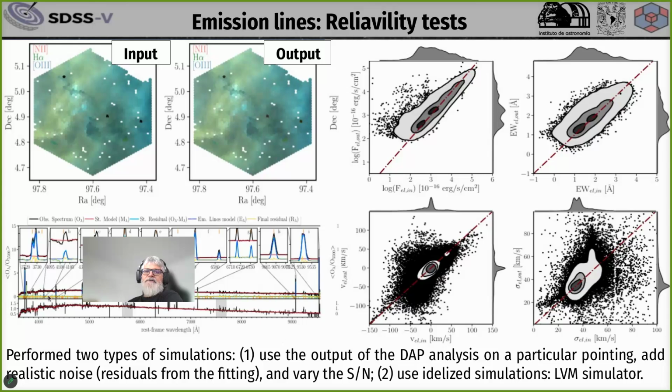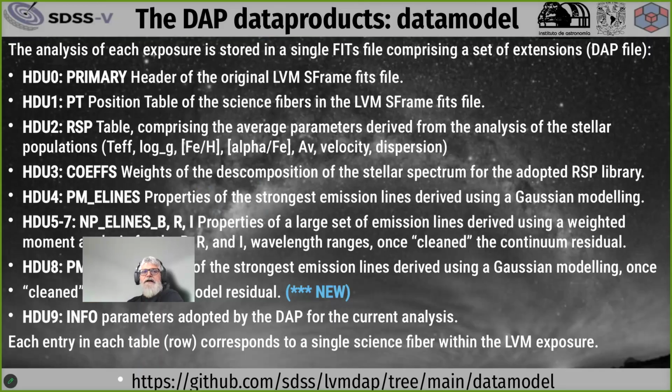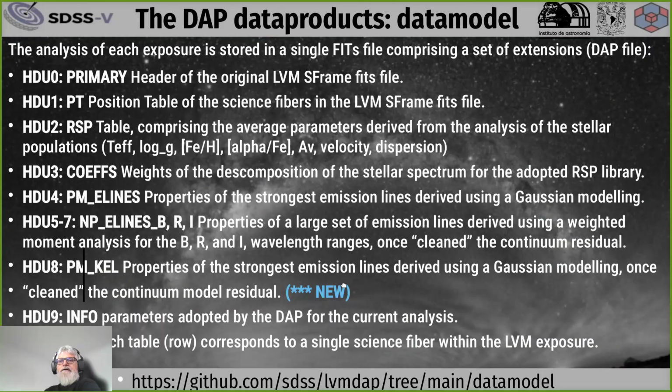Okay. Once you run the DAP, and we will show you in another lecture how to install it and how to run it, what the DAP produces and what is going to be delivered has this data format. For each tile or each run of the DAP, you have a DAP file.